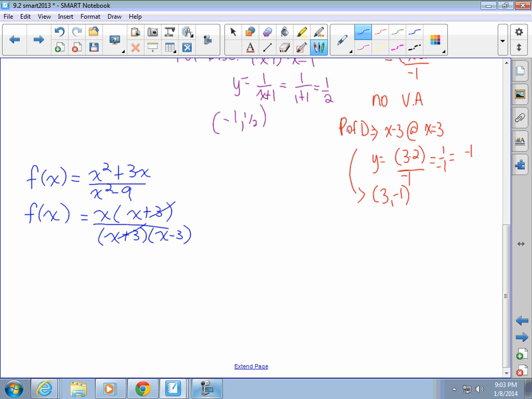Cancel. I'm left with x over x minus 3. So remember, if a factor does not cancel, that leaves me with a vertical asymptote. So I have an asymptote at x minus 3 equals 0, so x equals 3.